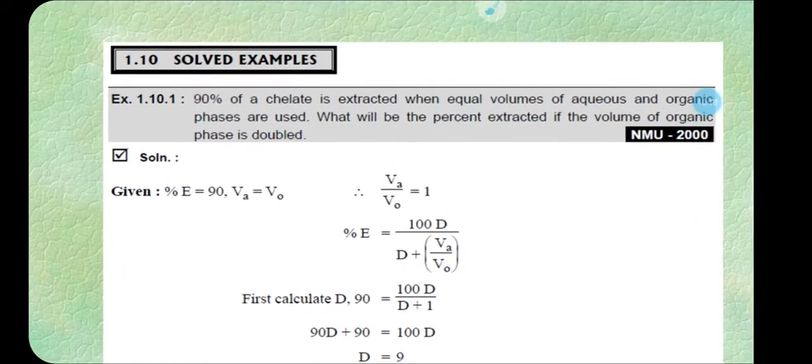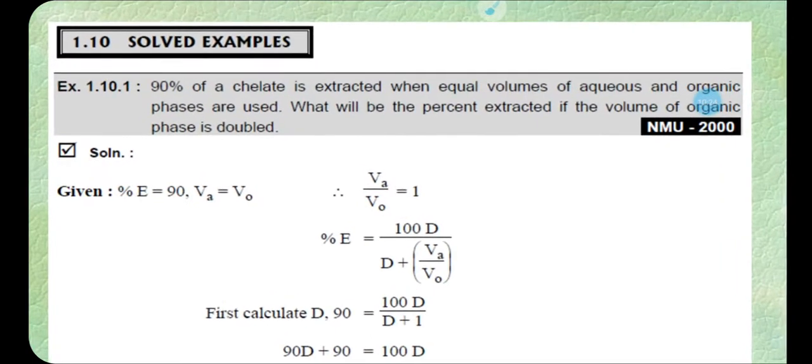Here the theoretical part is finished. Let us see some numericals on this chapter. The first numerical: 90% of a chelate is extracted when equal volumes of aqueous and organic phase are used.